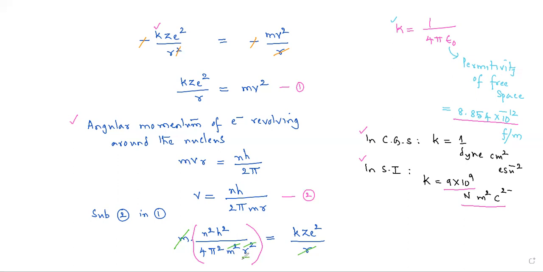Now let us write the expression for this r. So from this, the final expression for radius of the nth orbit can be written as n square h square by 4 pi square m kZe square. So this is the expression for radius of nth orbit. That is very important. Look at the expression carefully.